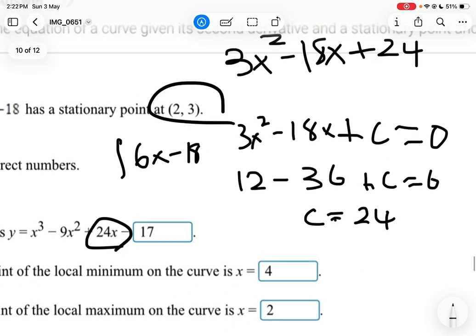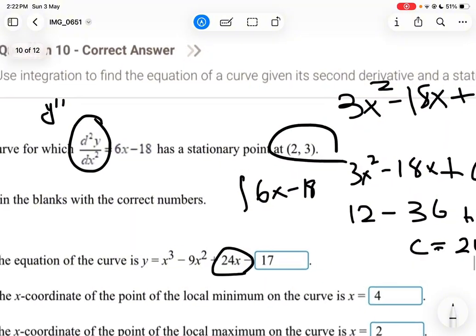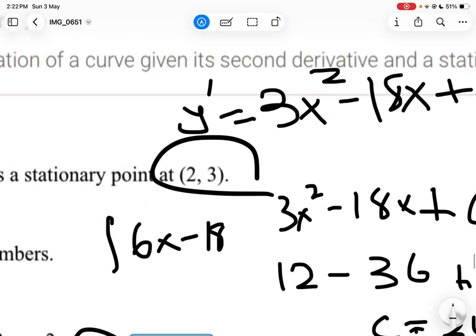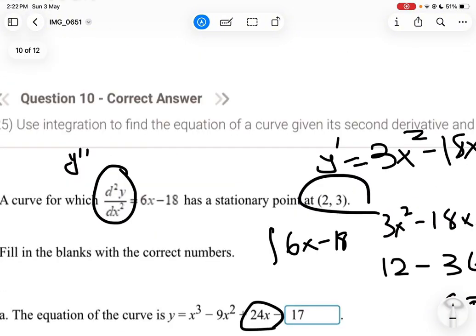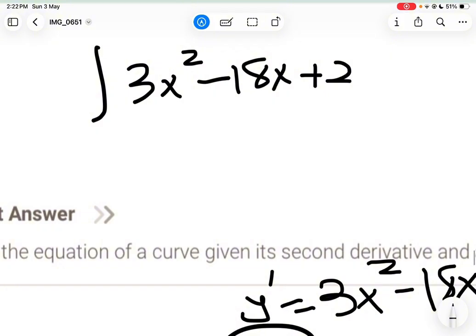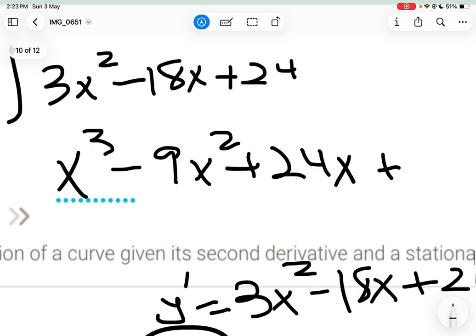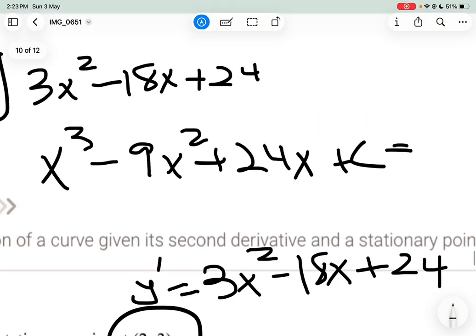Now you have y prime. In order to find y, you do the integral again. The integral of 3x squared minus 18x plus 24 is 3x cubed over 3, which is x cubed, minus 18x squared over 2, which is 9x squared, plus 24x plus c, equal to the point here.